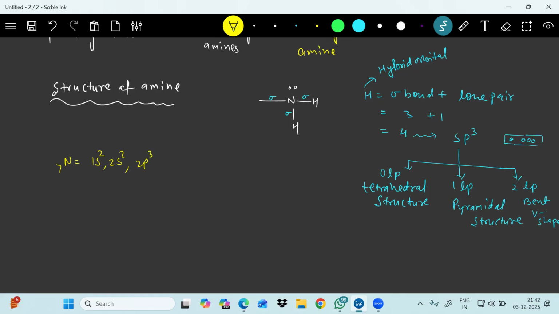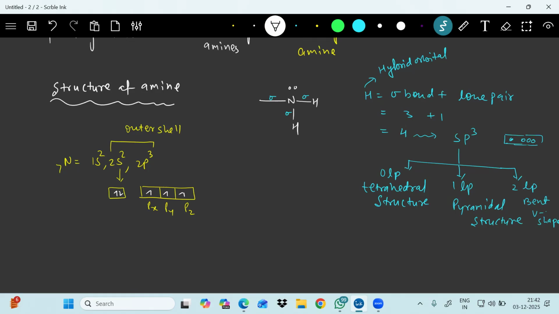This is your second shell, the outermost shell, also called the valence shell. It will take part in bond formation. There is one s orbital and three p orbitals: px, py, and pz. The s orbital has a pair of electrons, and p has 3 unpaired electrons.